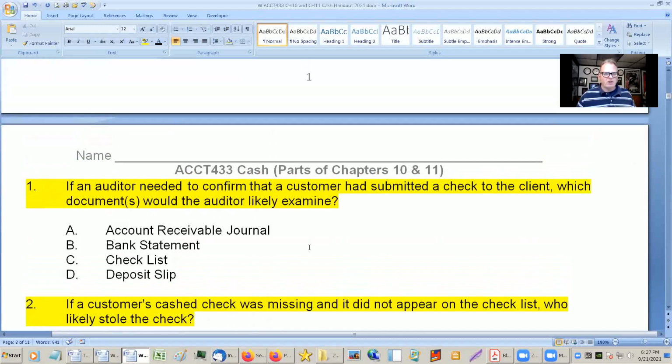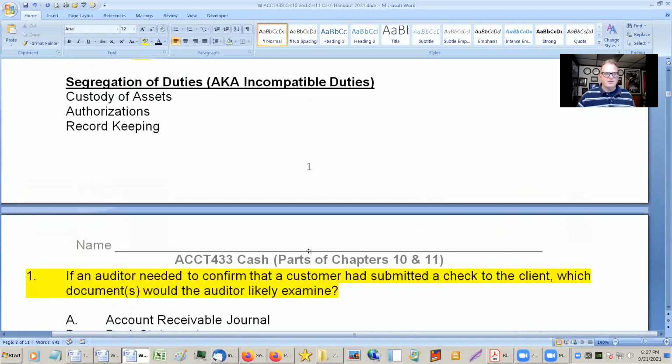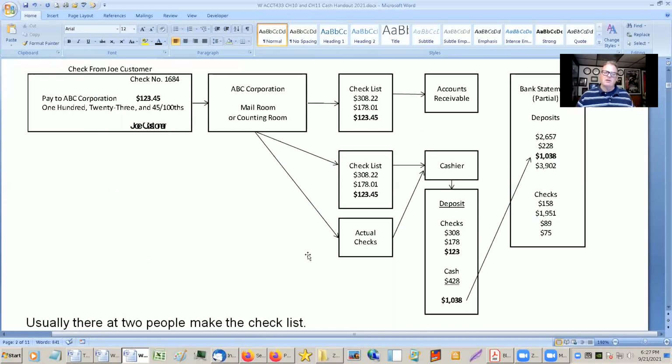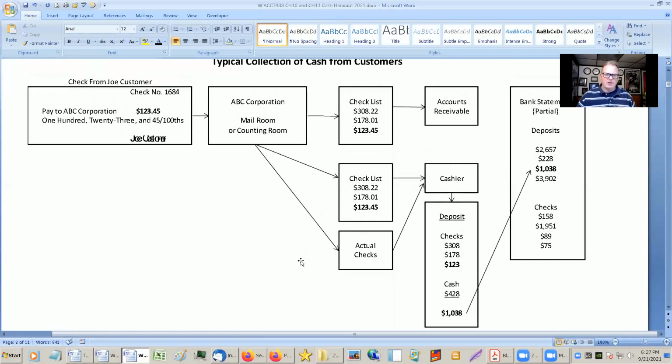The customer says, I sent that check to them already, I sent it on this date, for example. How would you find out if they sent that check? What would you look at?